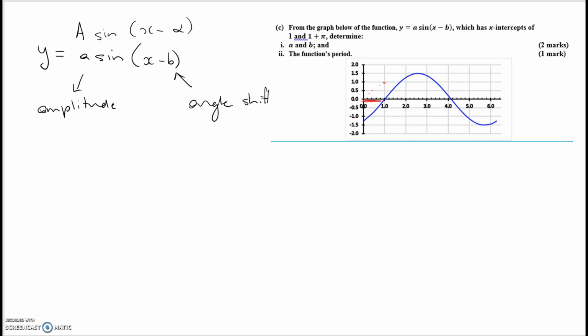It's moved to the right by 1. So B is going to be 1.